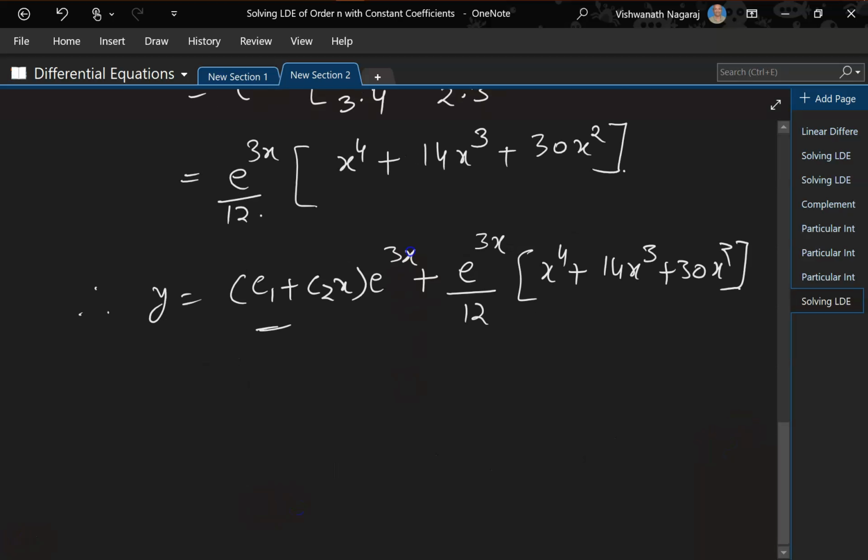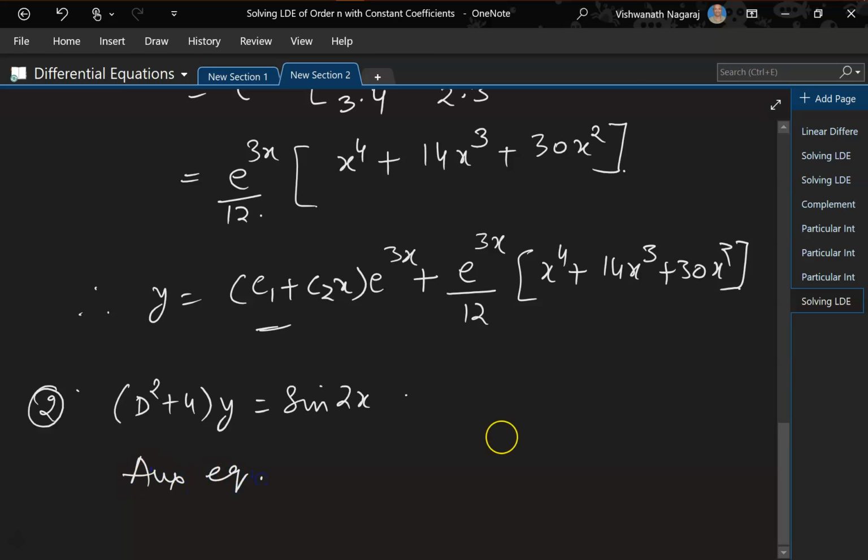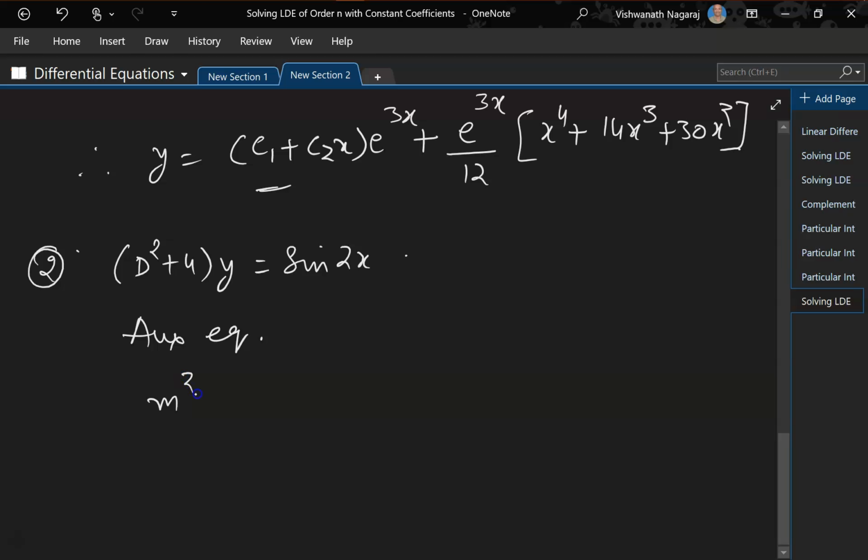Let's solve another problem. Let's say we have (D² + 4)y = sin 2x. So the auxiliary equation would be what? m² + 4 = 0, which means m = ±2i.